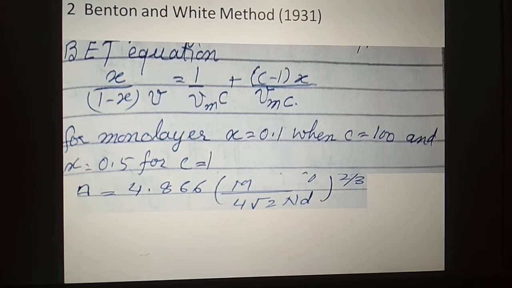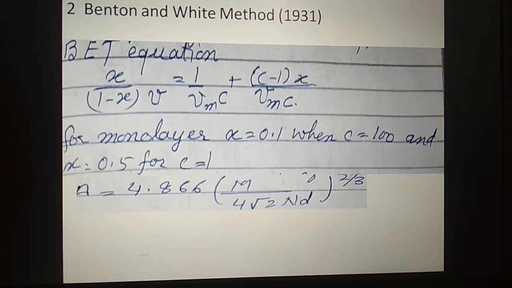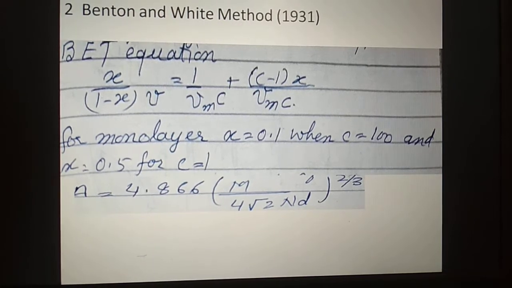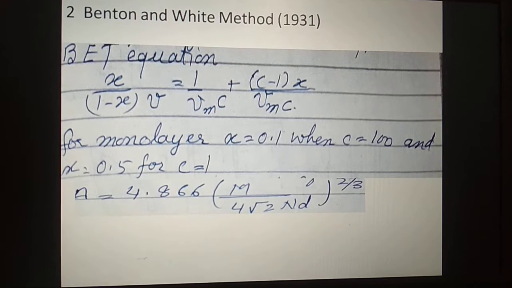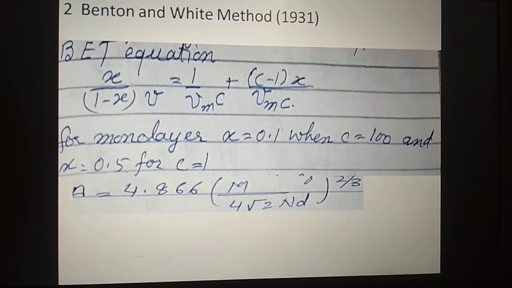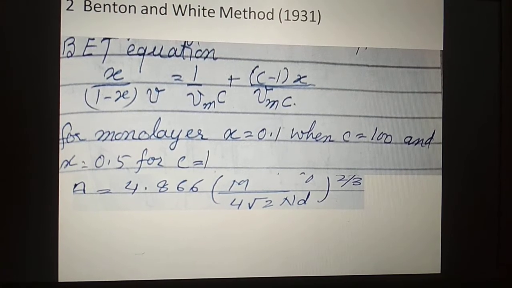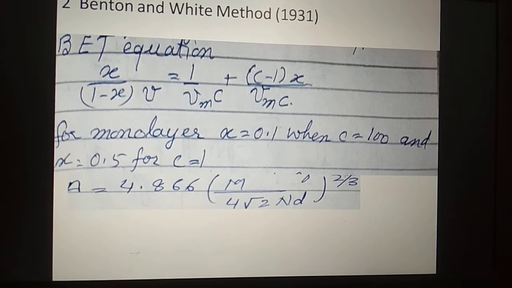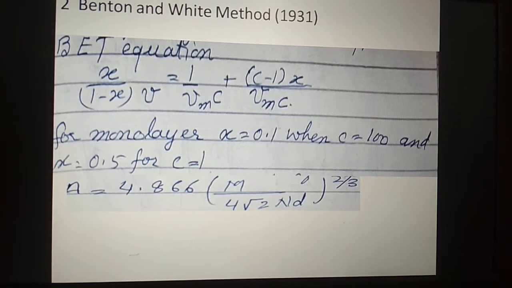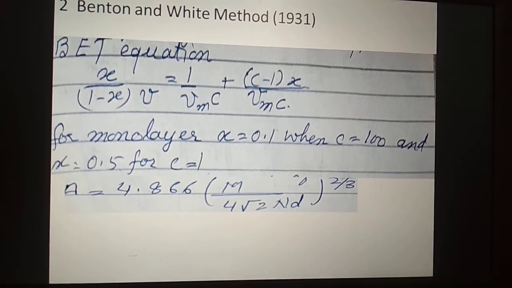It is necessary to find the area covered by each adsorbed molecule for total surface area. Emmett and Taylor assume area of molecule A is equal to 4.866 (M upon 4√2 N ρ)^(2/3). M is molecular weight of gas, ρ is the density of liquefied or solidified adsorbent.